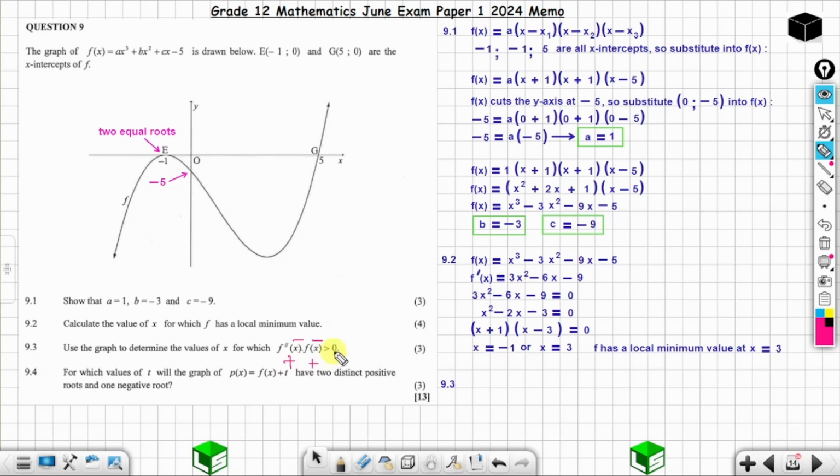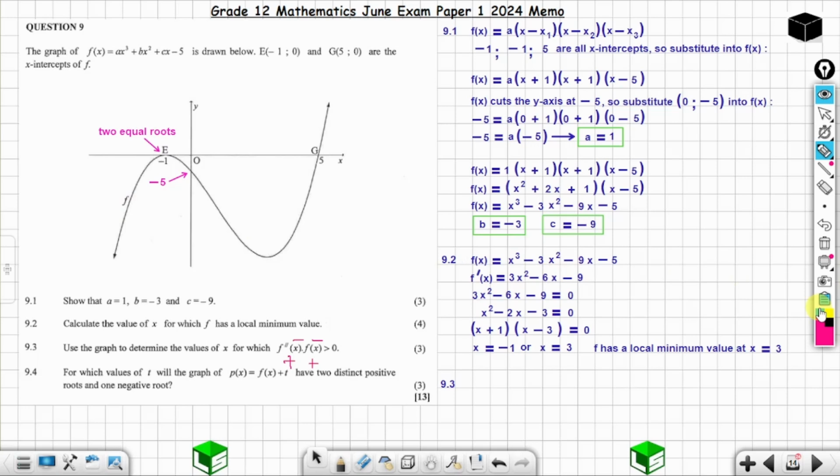I'm going to use the highlighter to show you where f is positive, negative, and equal to 0. I'm also going to show you where f double prime is positive, negative, and equal to 0.